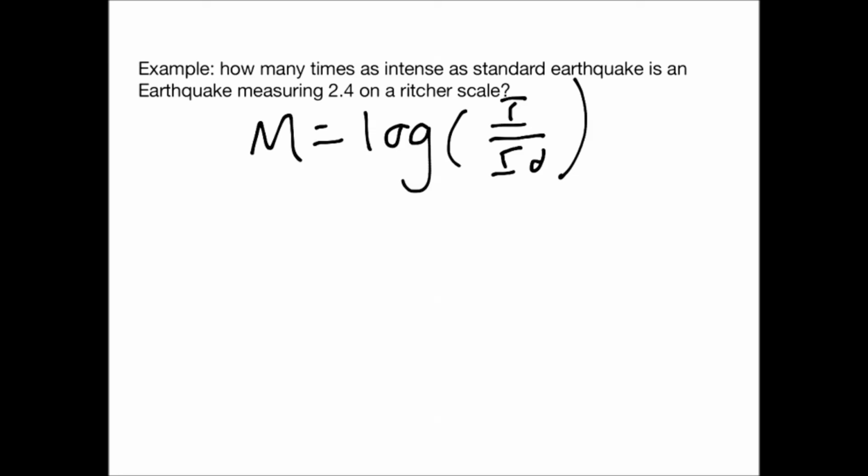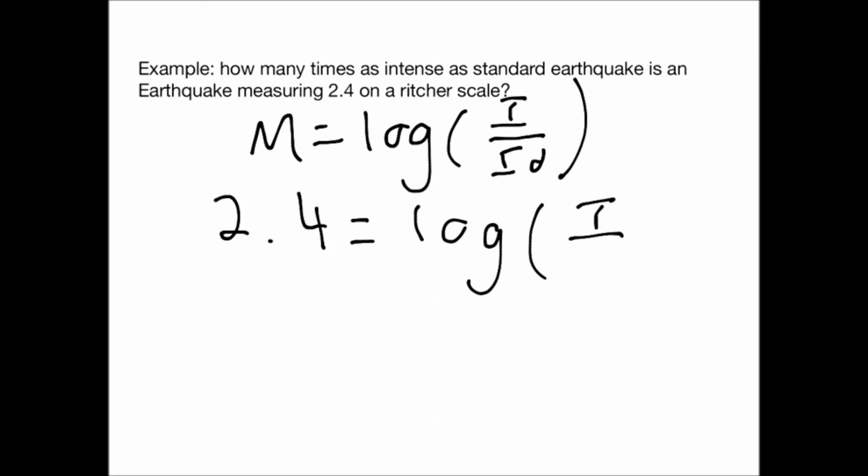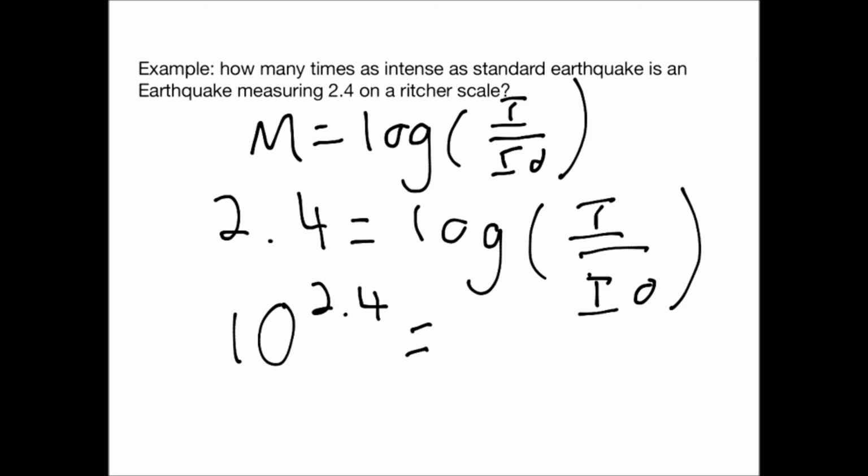They give you the magnitude M, 2.4, so we substitute 2.4 for M, which is 2.4 equals log I over the standard earthquake. Now we have to use the equivalence law again, where we move the log base 10 over to the left side, which will give you 10 to the power of 2.4 equals I over I0.